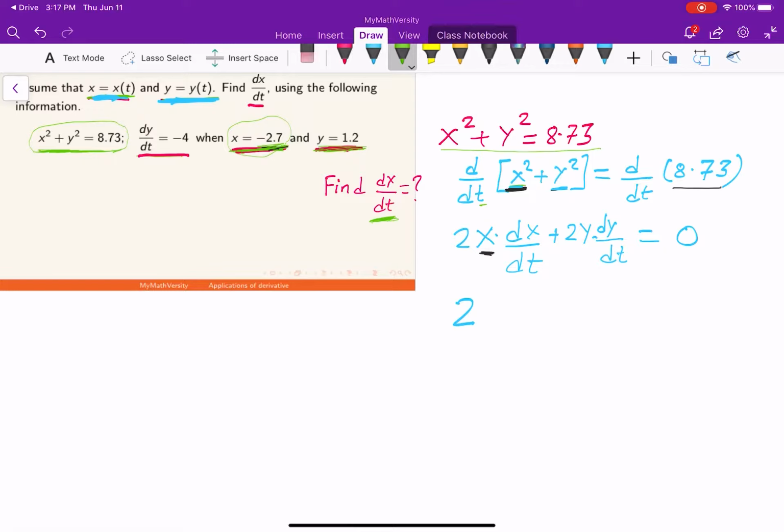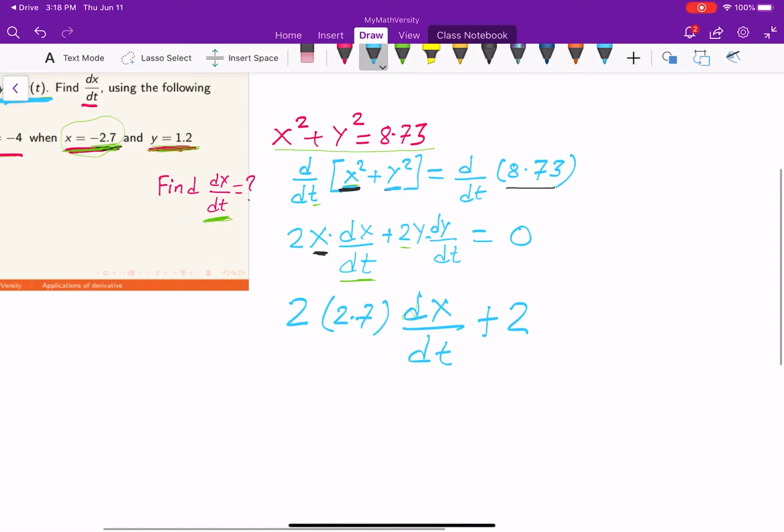So let's plug that in over here and we get 2.7, and then the derivative of x with respect to t is unknown, so we write that down as it is. Plus, again we have a 2 here, so let's write that constant down. Then we have y, which is given as 1.2, so we can write that down.